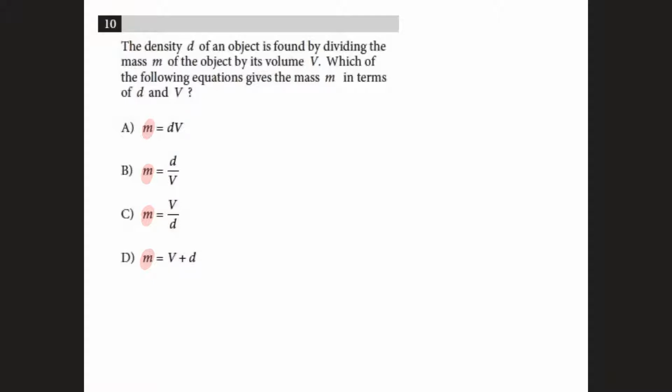It tells us that the density of an object is found by dividing the mass by the volume. So to get the mass all by itself, you need to multiply both sides by v. You'll get dv equals mass. Okay, well, that's going to be A.